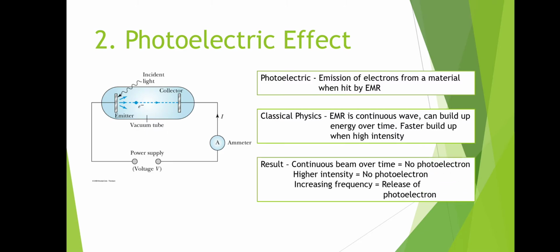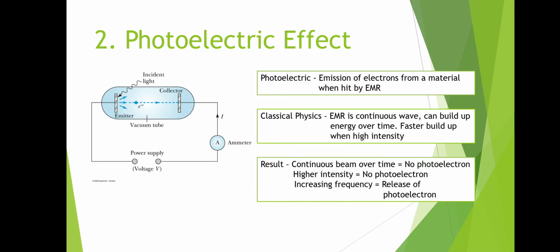But the result of the photoelectric experiment was different. With a continuous beam over time, there is no photoelectron. Higher intensity, no photoelectron. But by increasing the frequency, there is a release of photoelectrons. So let's say initially the frequency is in the red band.